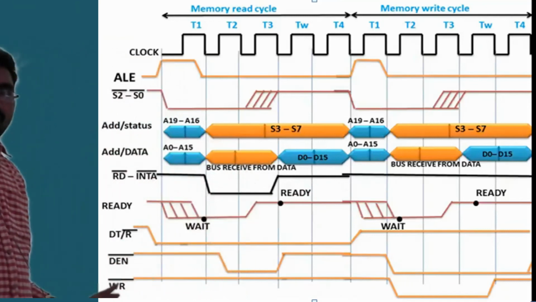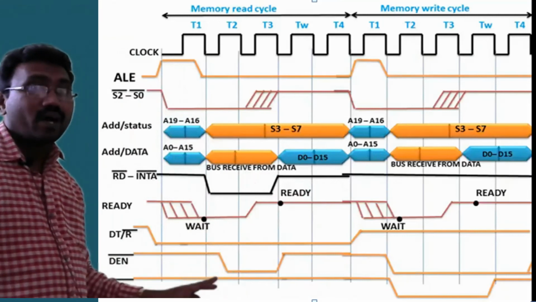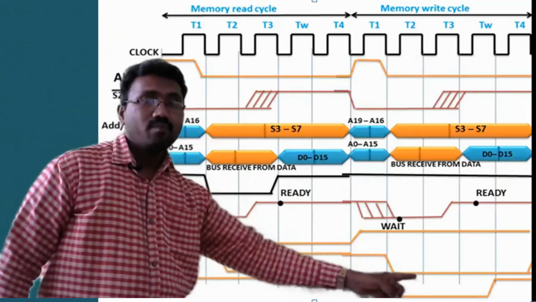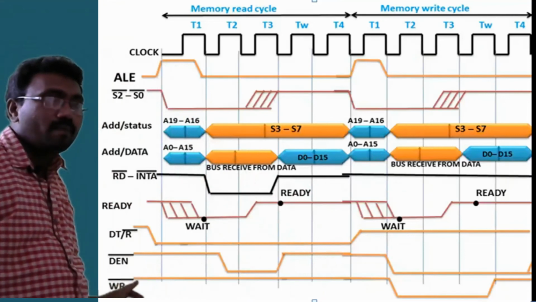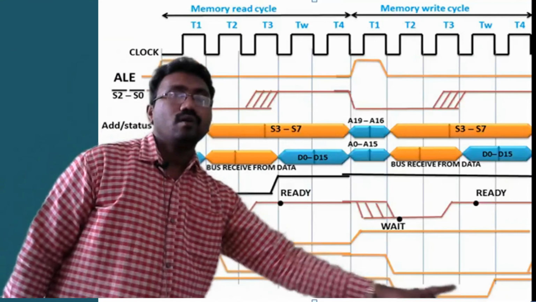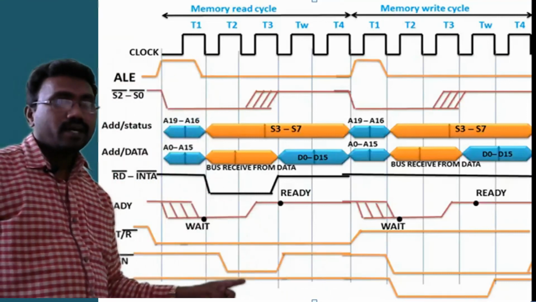Next, what about WR bar? In the read cycle, WR bar is 1. In the write cycle, WR bar is 0. Why? Because WR bar is active low. If it is 0, write is enabled. If it is 1, write is disabled.